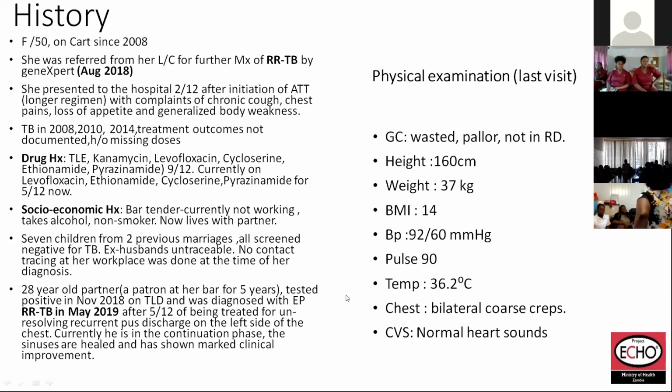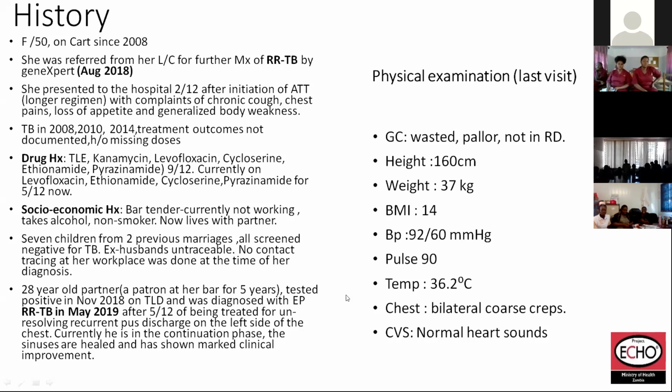She used to take alcohol. She's never smoked, and now lives with the family because they're taking care of her. She has 7 children from 2 previous marriages, both of which ended in divorce.